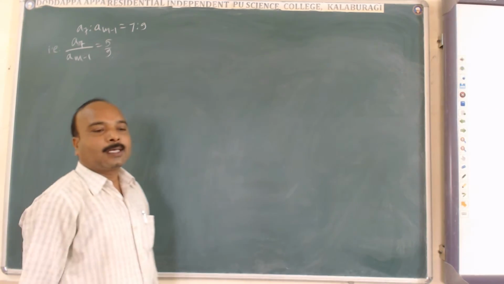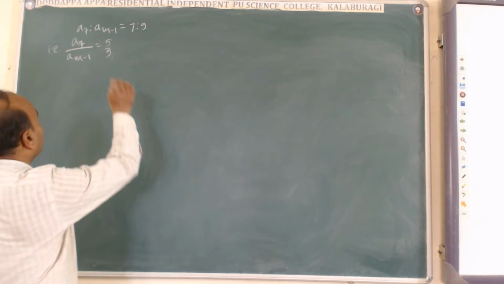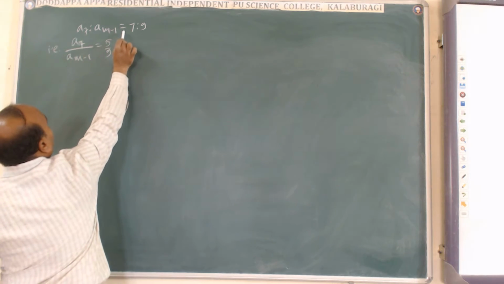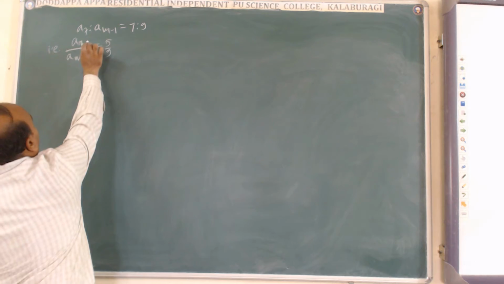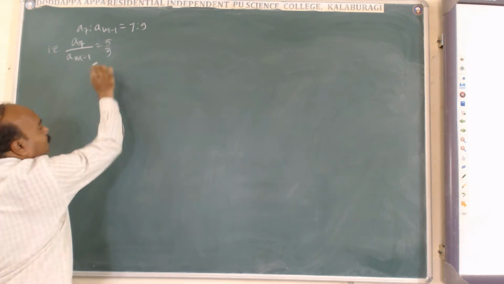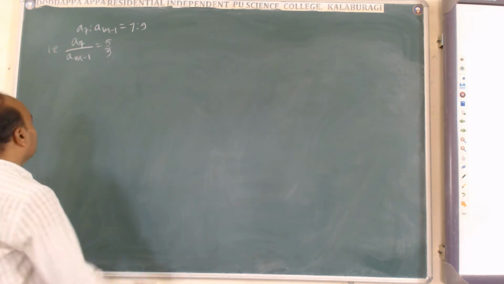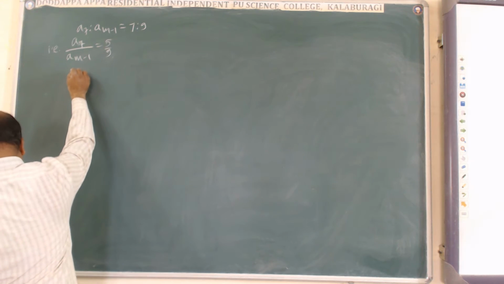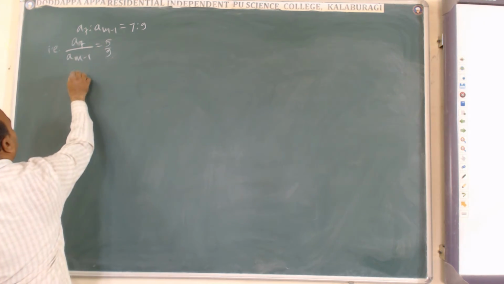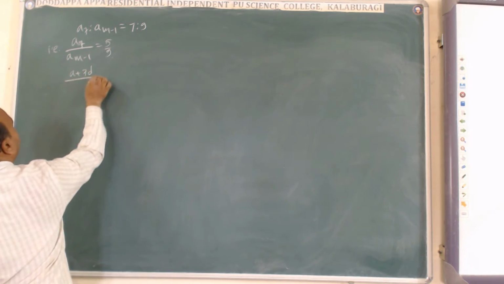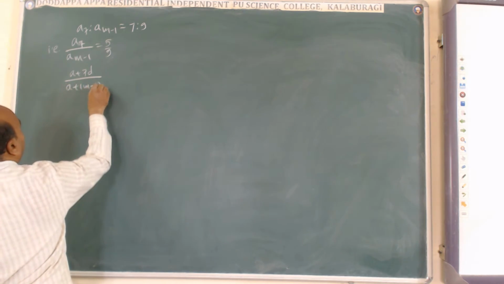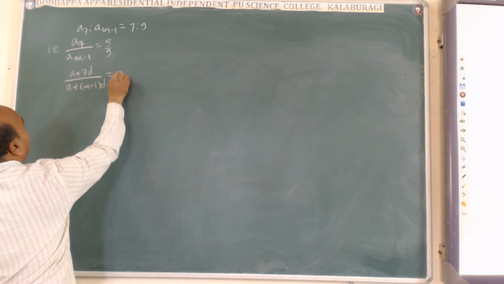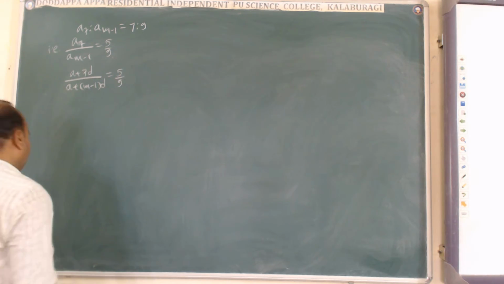Now we go for the given condition, that is a7 to a(m minus 1) equals 5 to 9, that is a7 by a(m minus 1) equals 5 by 9. a7 value we got already, a7 is a plus 7d, divided by a(m minus 1) value, which is a plus (m minus 1) into d, equals 5 by 9 as it is.